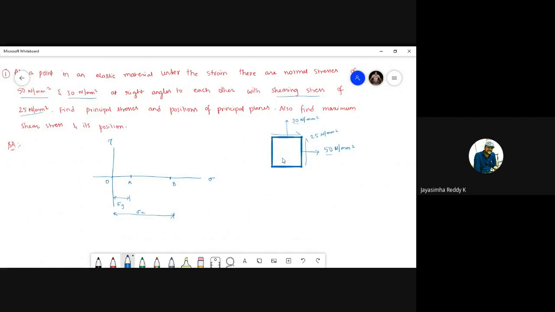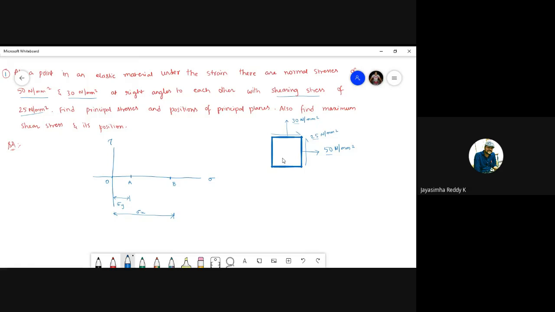So this is our first step, and the second step is we have to mark perpendiculars at A and at B to a magnitude of the given shear stress. The given shear stress is 25, so we have to mark 25 at A and 25 at B. How we do that is based on the sign convention.